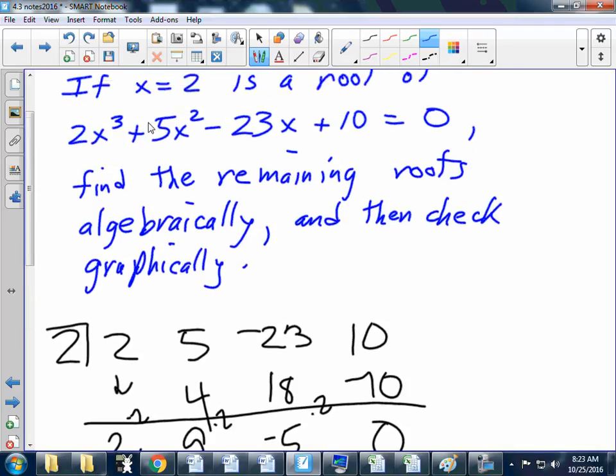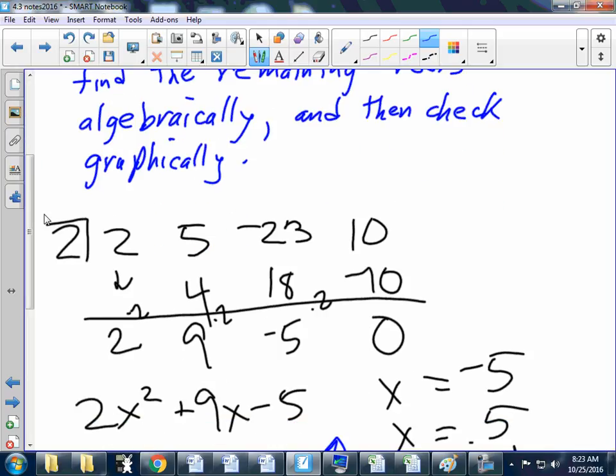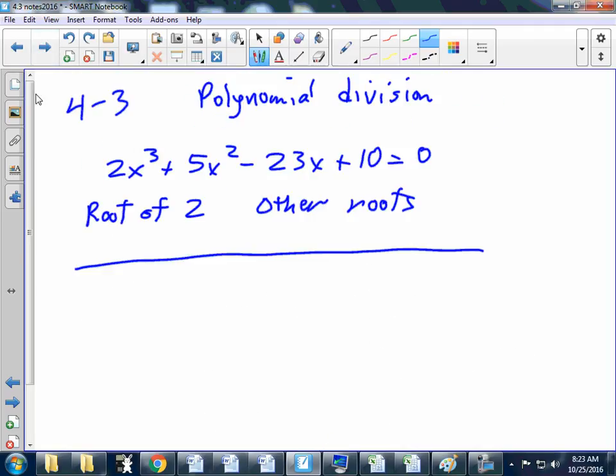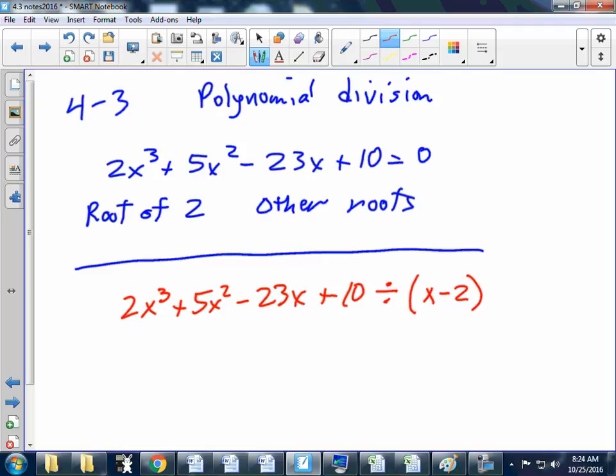We started with a cubic, and if you divide a cubic by a linear, so if you go 2x cubed plus 5x squared minus 23x plus 10 divided by x minus 2, this is a cubic.